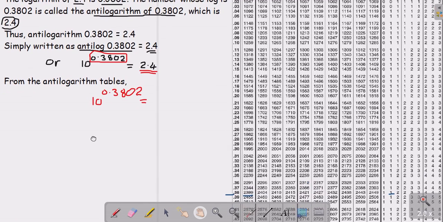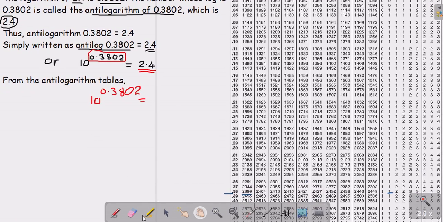When we come to our table here, we first look for 0.38. You can see the first column has point, then two digits there. So we look for 0.38, and 38 is somewhere around here.